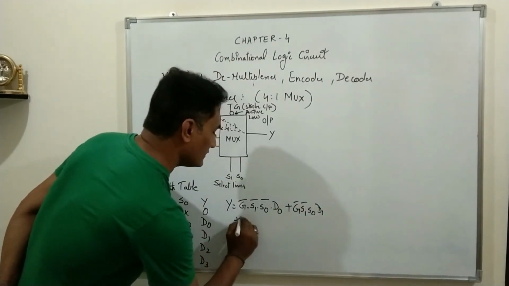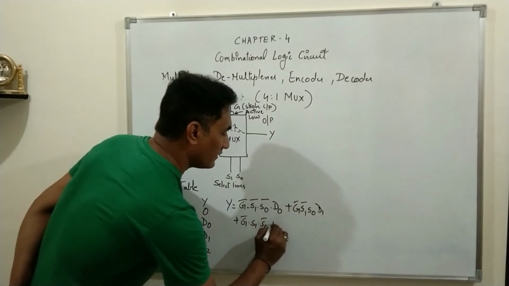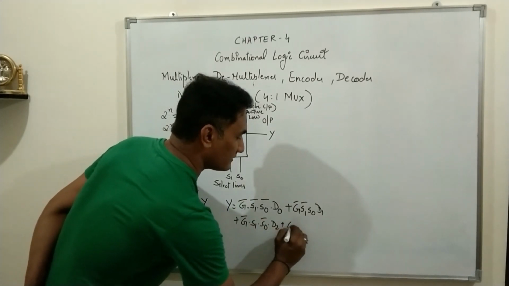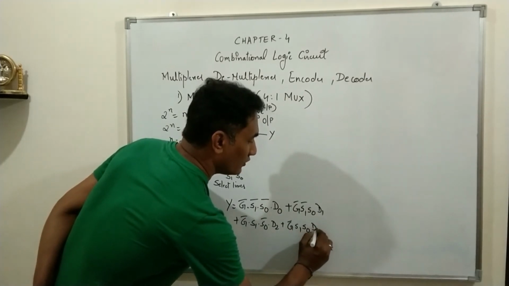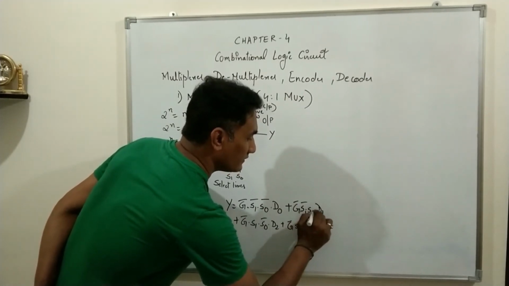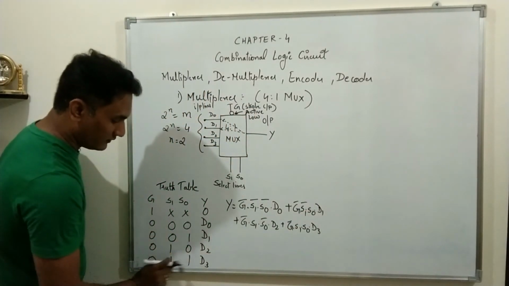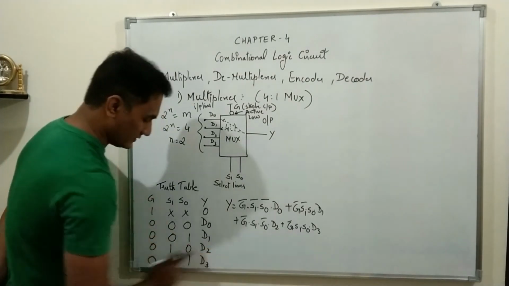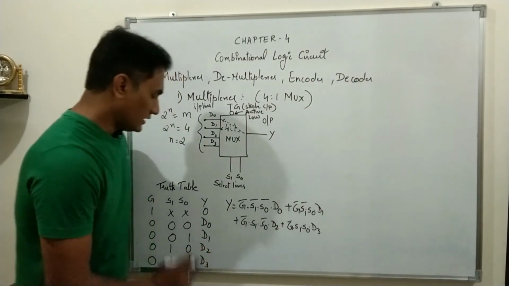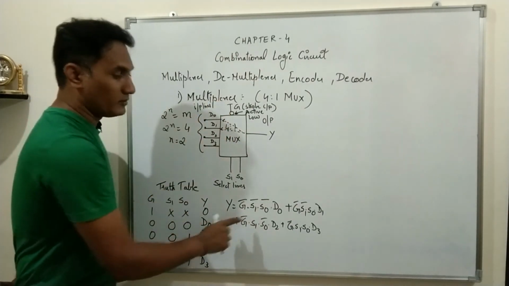So it will be G bar S1 S0 bar D2 plus, last, G bar S1 S0 D3. What you can see is in the last condition both the select line variables are 1, so they will remain as S1 and S0. This is G 0.